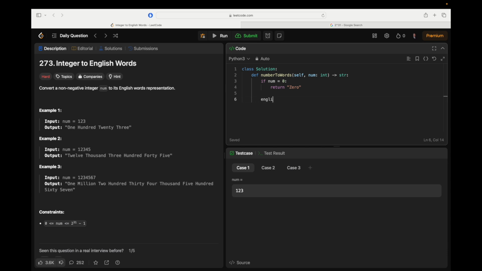So we'll return a string called English. All right. Now we're going to say while num, because basically we're going to keep on floor dividing until it's 0. And once it's 0, this loop ends.